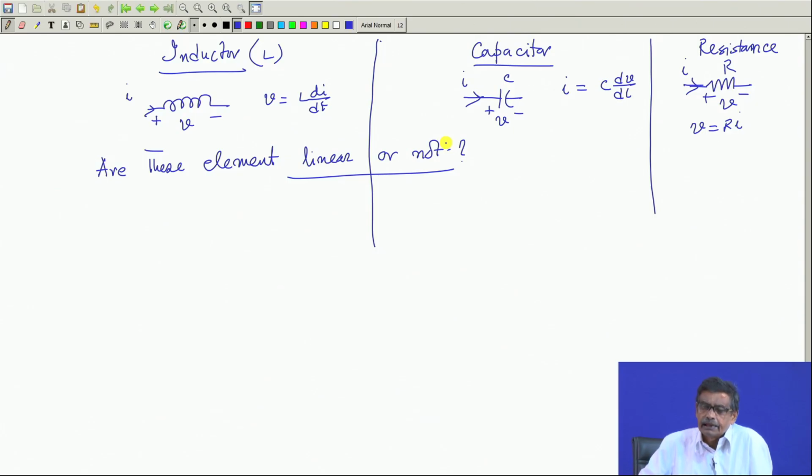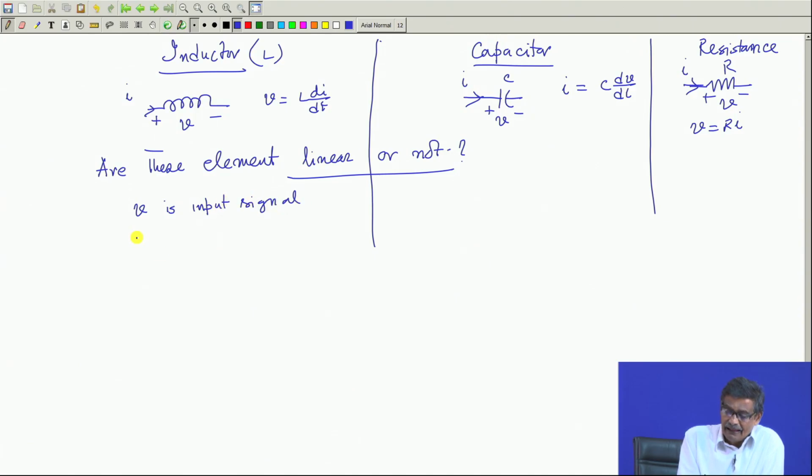Superposition theorem tells that if you do not apply any signal to this element, by the term any signal I mean I have not applied any voltage. Suppose for an inductor V is the input signal and I is the response, the output or response.